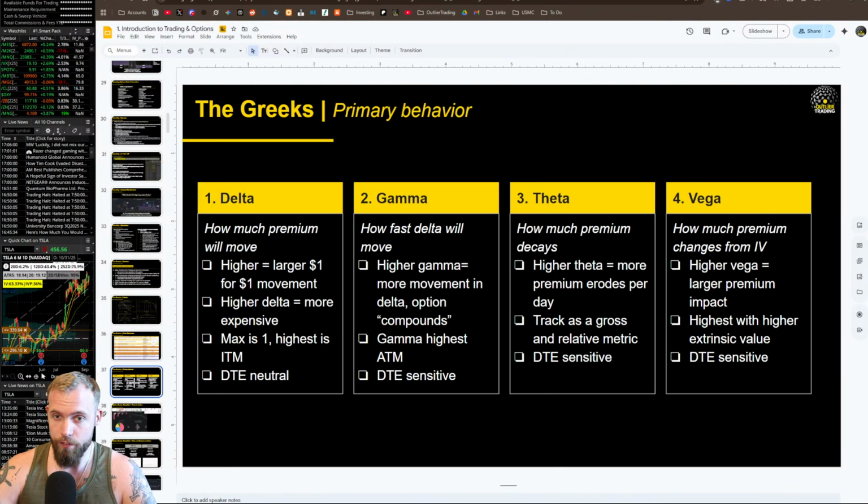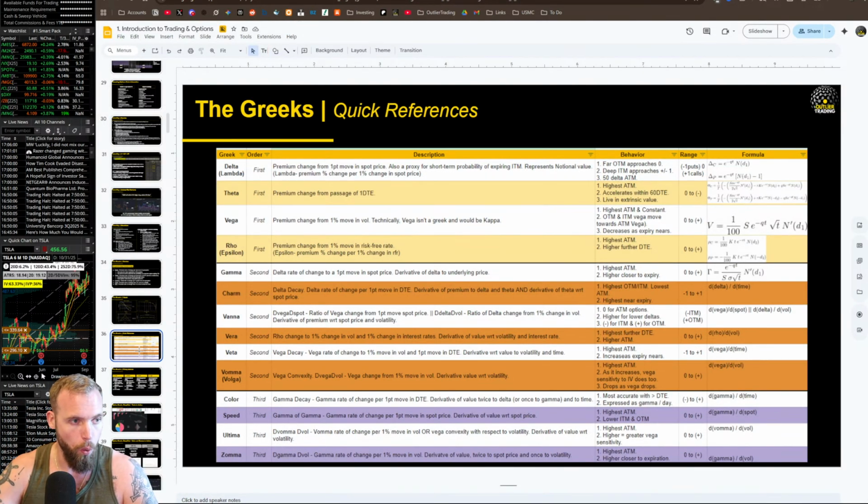These are not all first order Greeks. That's a common misconception. It's pedantic. It doesn't matter. First order, second order, third order, beyond understanding that those different orders measure different things. That's all. That's why there are these orders of Greek. So if we look at the first orders, we can see that there's delta, theta, vega, rho. You don't see rho a lot because it tells us the rate of change per 1% change in the risk-free rate. Rates just dropped.